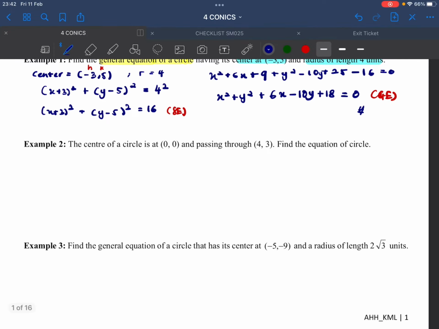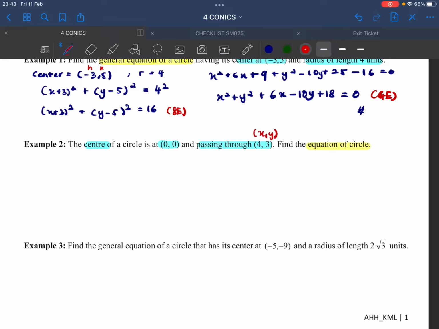Here the question asks for the equation of a circle, obviously, but it is given to us the center of 0, 0 and passing through 4, 3. Okay, so what does it mean when the question says passing through? Whenever the question says passing through or contains that point, that means this is your x and your y.